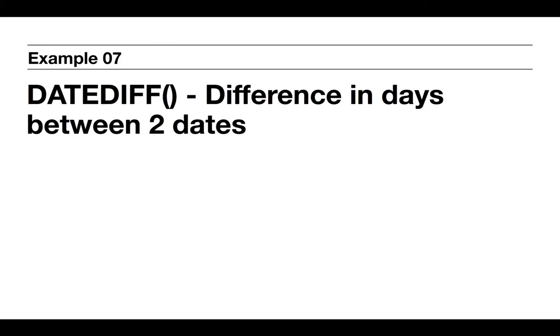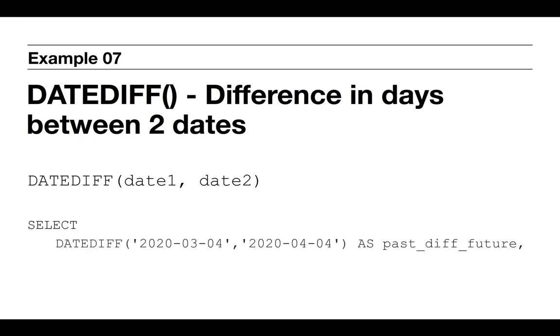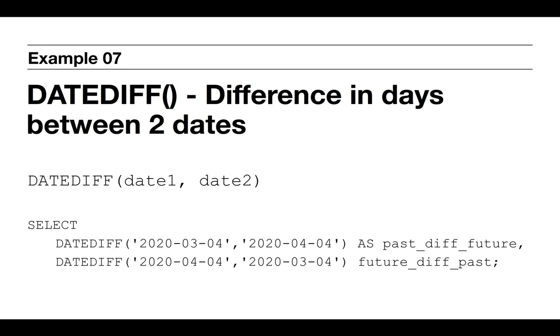The difference in days between two dates, we use the date diff function. It takes two arguments. They both have to be dates or date times. You can go ahead and try out this query just to see how the results change based on the position of the dates. So if you use a date in the future or in the past, how does it return a different value?